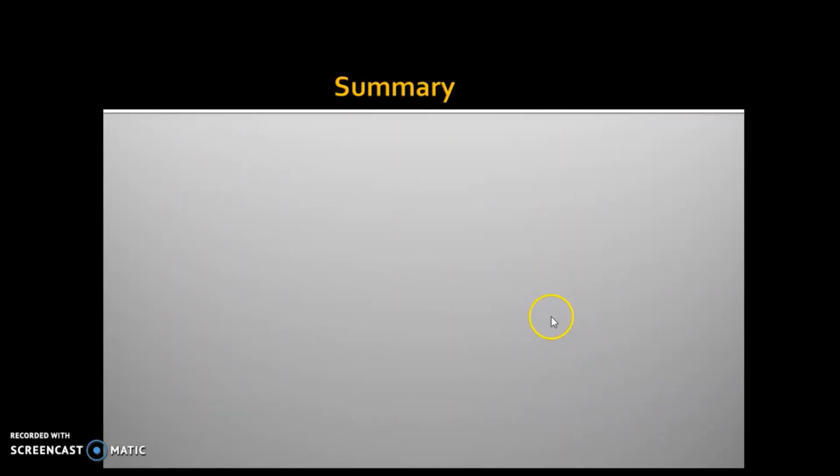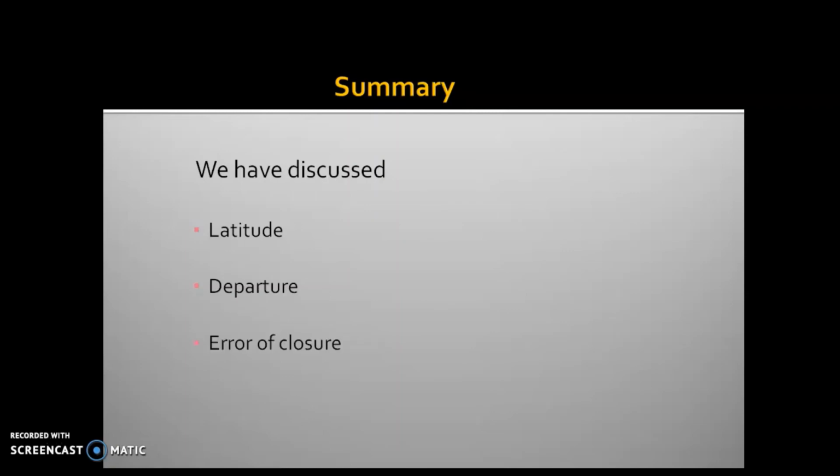So what we have studied today: we discussed what we mean by latitude, a line measured parallel to the meridian. What do you mean by departure? It is a line measured perpendicular to the meridian. Next, error of closure.